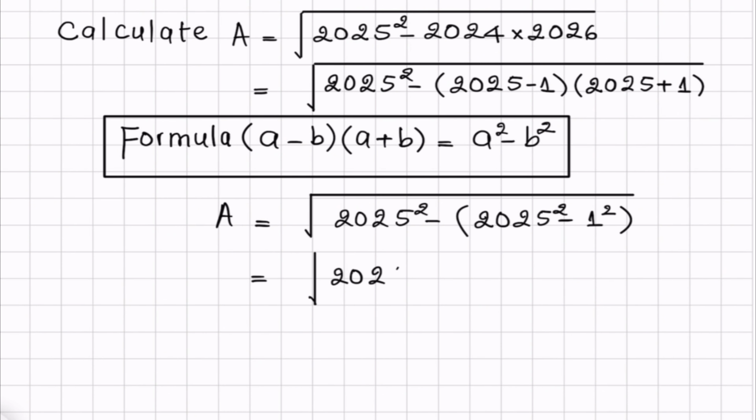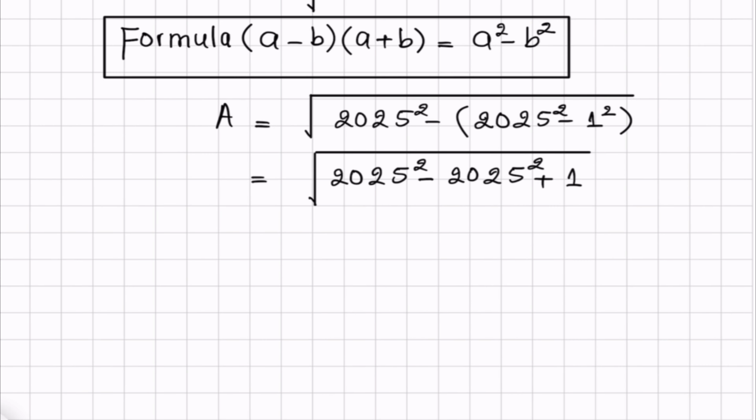Then 2025 squared minus 2025 squared plus 1 squared is equal to 1. And then 2025 squared minus 2025 squared can cancel out, and we get 1. So the square root of 1 is equal to 1.